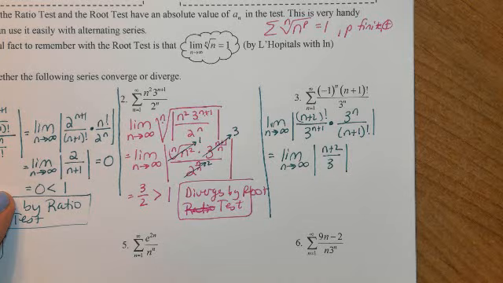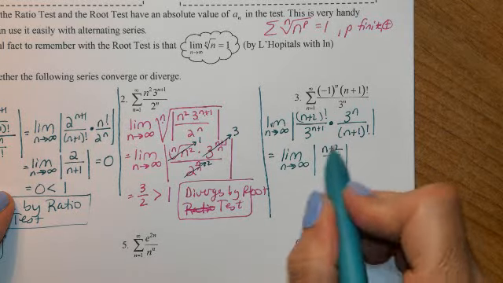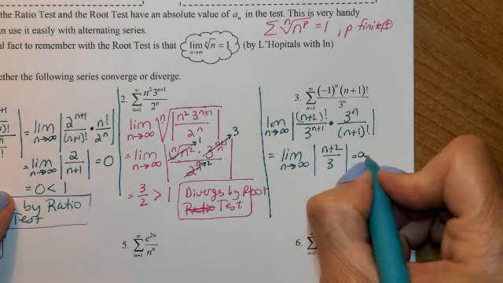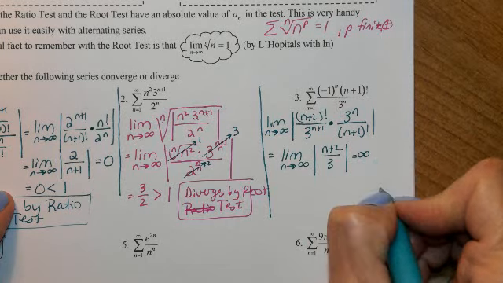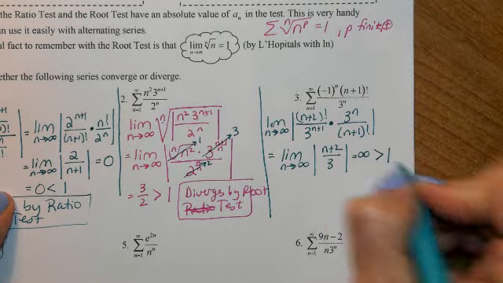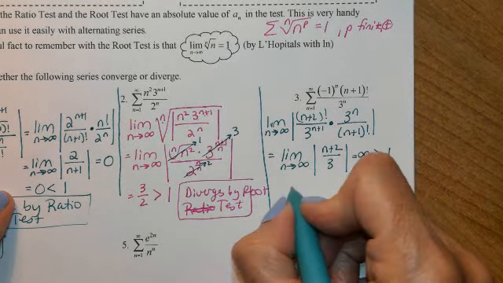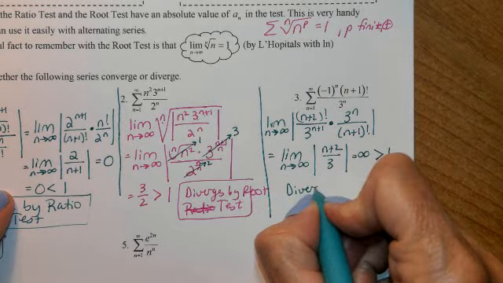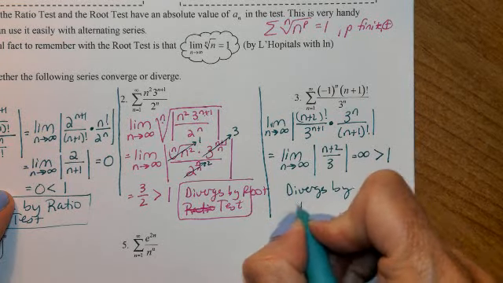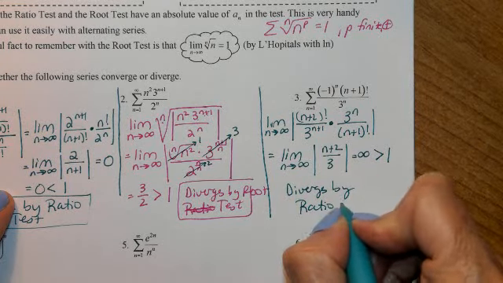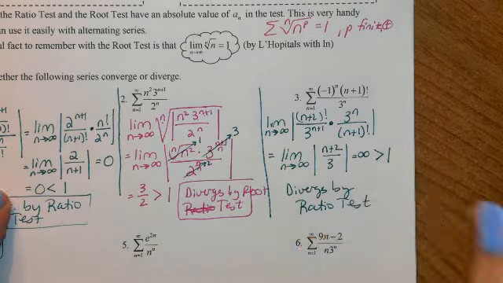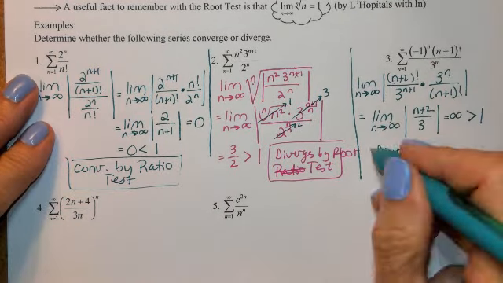Take the limit. What's the limit? As n goes to infinity, this goes to infinity. Is that bigger than 1? A little bit. So this series diverges by ratio test. Could have used a root test too.